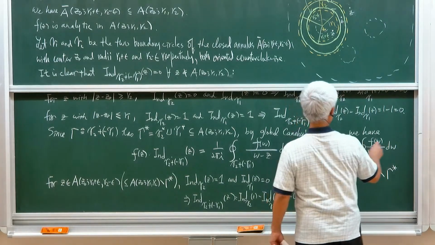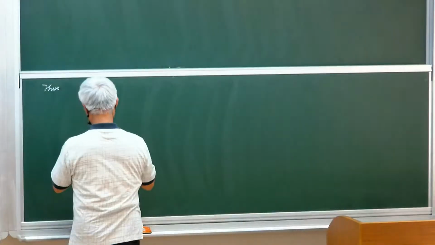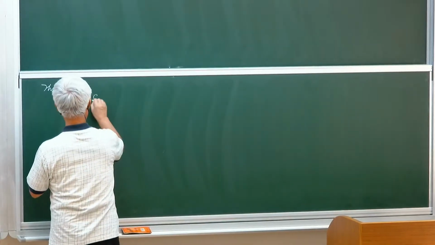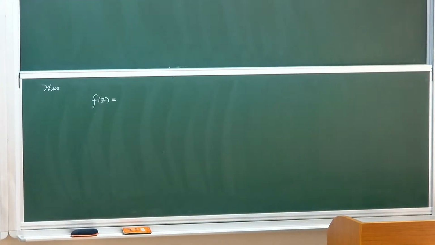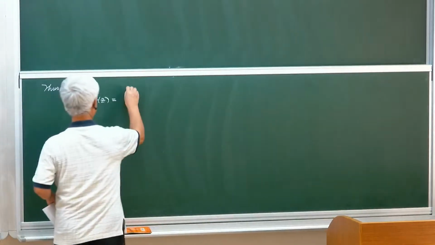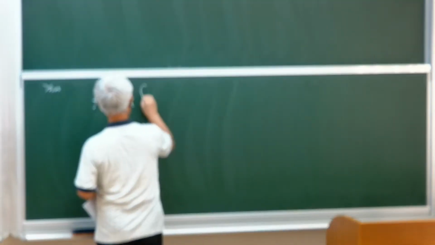Then thus, we now know that f of z, the complex function itself, becomes the difference of two line integrals.